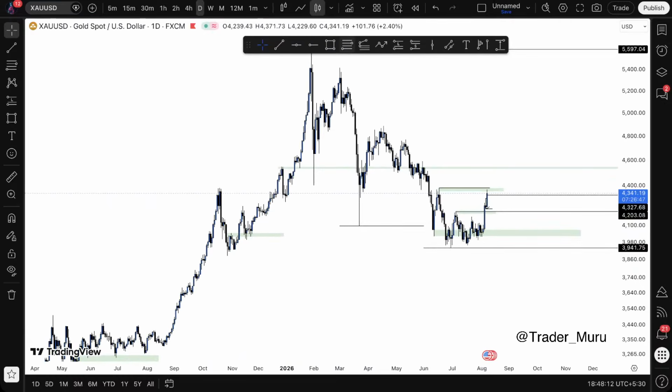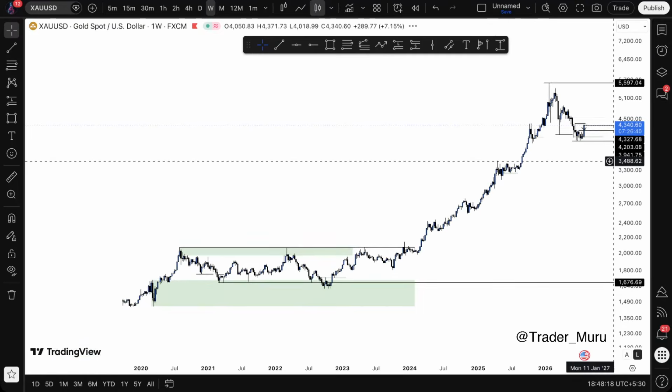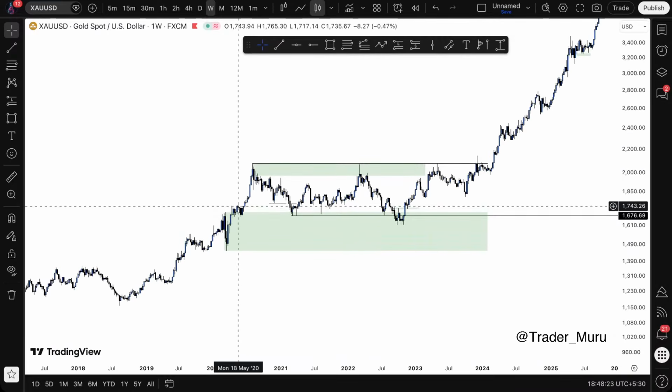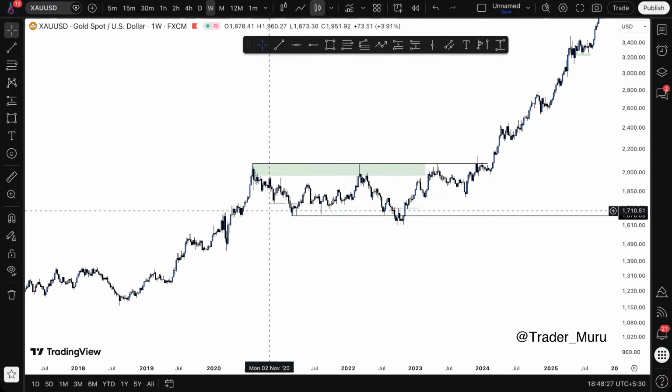And then look at this retest, this breakout structure, and this retest.